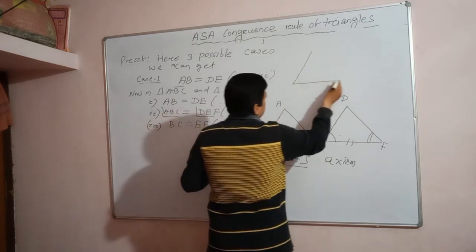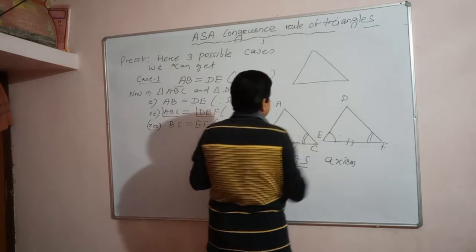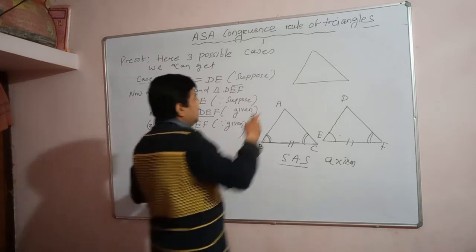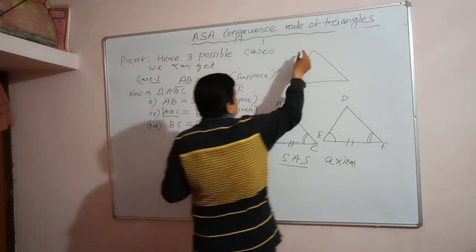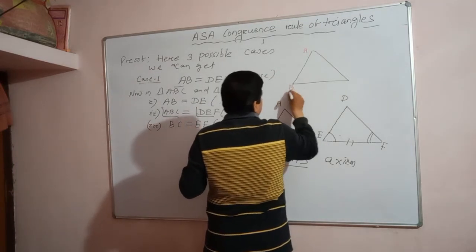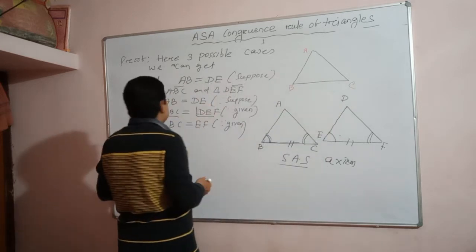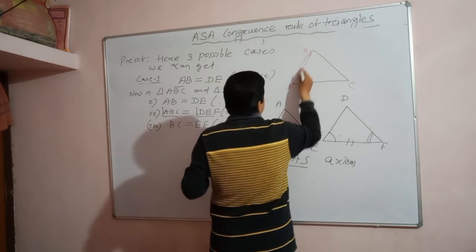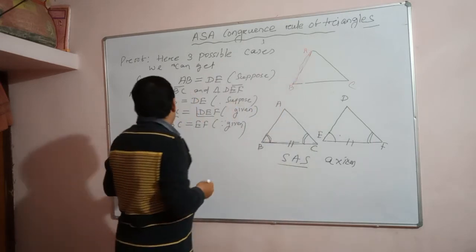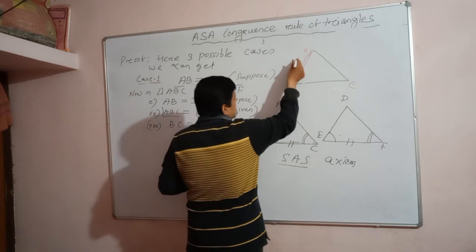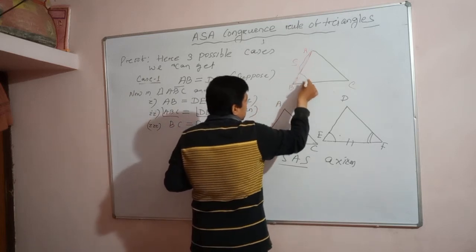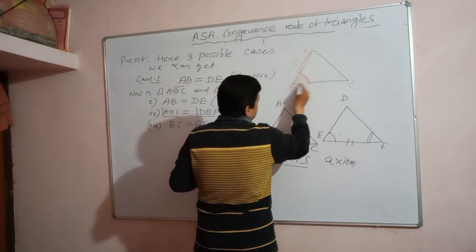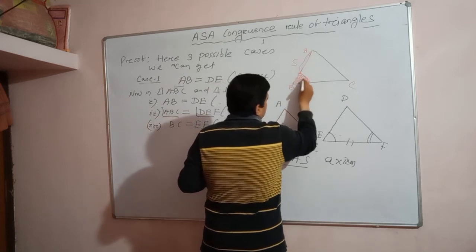Look at here. We got a triangle. Suppose this angle I am naming ABC. You see AB side, this side, and ABC angle means B angle, this is the angle.